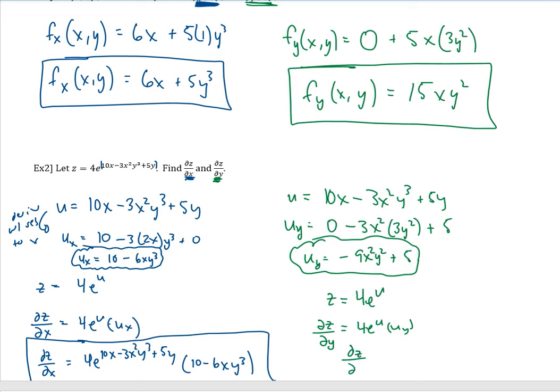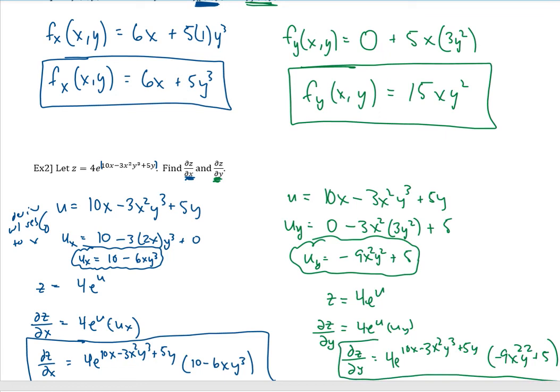So del z del y is 4e to the whole power there, the 10x minus 3x squared y cubed plus 5y, and then times our clouded partial derivative of u with respect to y, so negative 9x squared y squared plus 5. And again, that's probably fine. If needed, we could rearrange, but I'm going to leave it just like that.